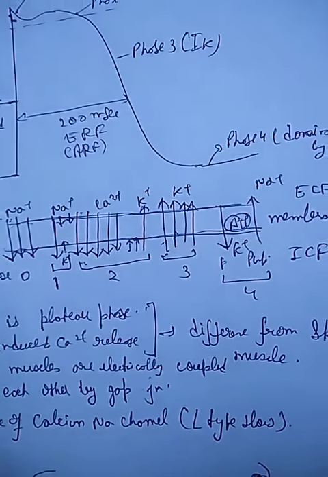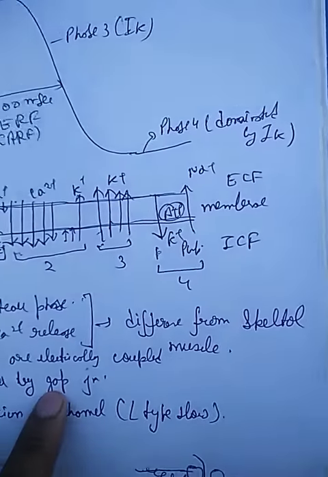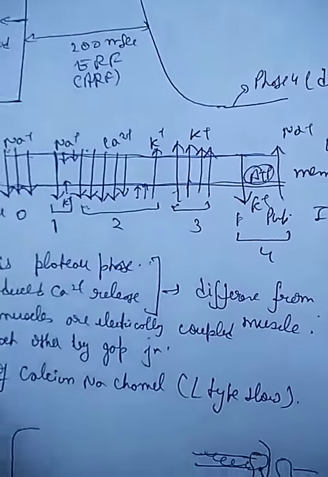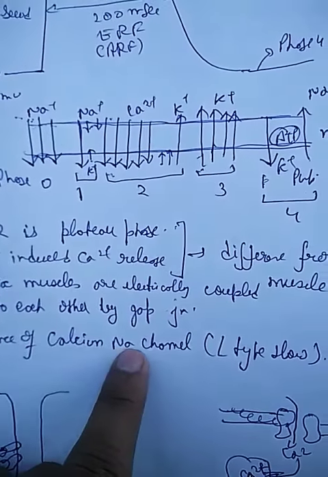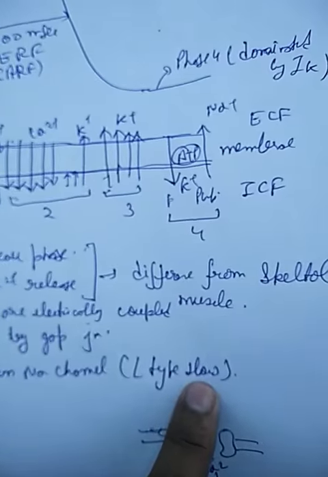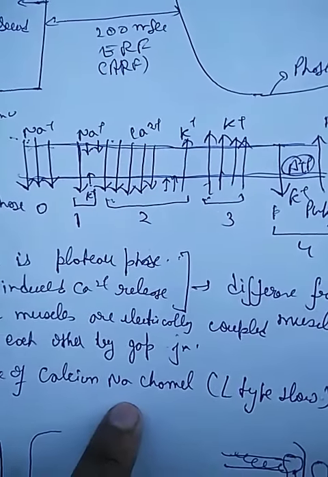Okay, they are a syncytium. But there is no gap junction in the skeletal muscles. And also there is the presence of calcium sodium channels, that I already discussed, these are L type or long-lasting type, these are slow acting. Okay, in phase 2 I already discussed these calcium channels or calcium sodium channels, both are the same.